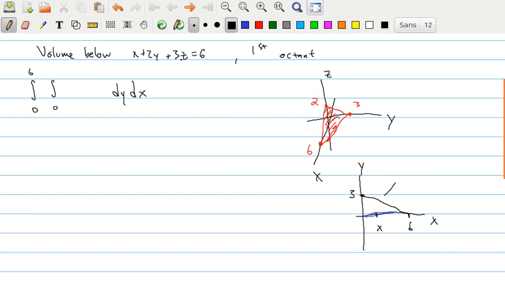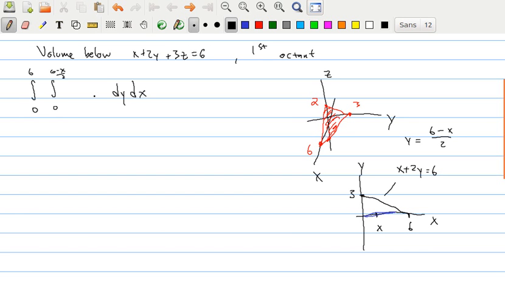If we plug z equals 0 into the original function, we get x plus 2y equals 6. So if we now solve that for y, I know that this top line right here is given by 6 minus x over 2. So that's going to be our upper limit of integration. The lowest y value is y equals 0. The highest y value is 6 minus x over 2.